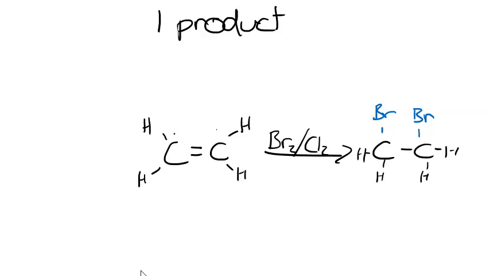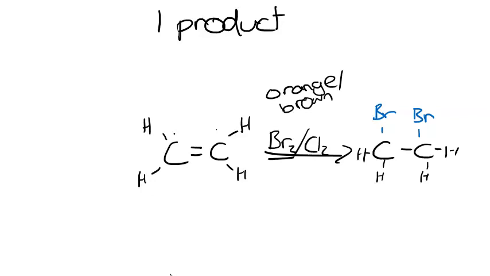This is a common one that comes up in an exam because bromine, it's normally using bromine, is an orange or brown colour, and the product that gets produced is a colourless liquid. So what we would get is, if it's a long enough chain, normally you would use hexene as the starting product, which would be long enough to be a liquid.